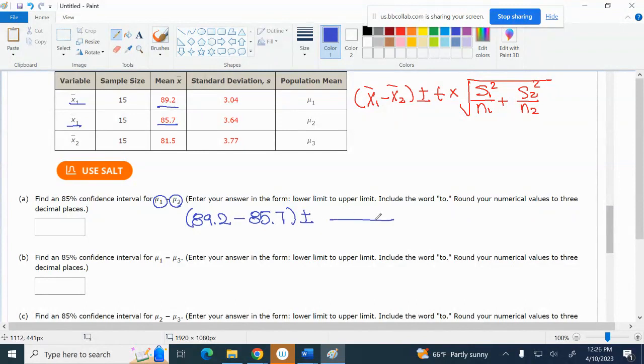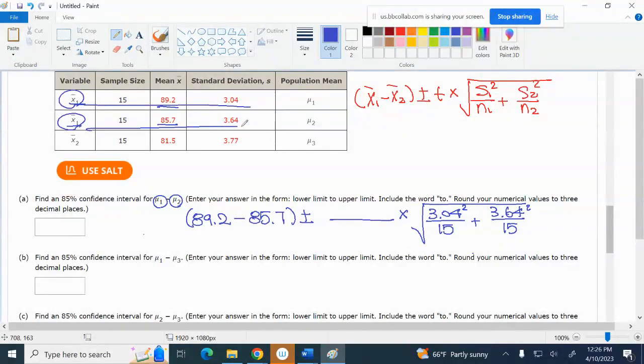Let me take the t-score later from the t-table. And then plug in 3.04 square over 15. And the second one, 3.64 square over 15. Now the problem is who will be the t-score, the critical value. 85%.